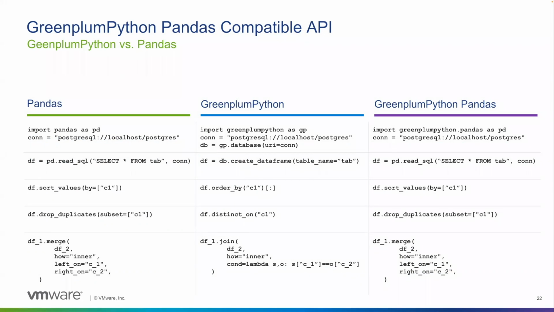This package can be accessed by importing greenplum.python.pandas, and does the same manipulation on the backend as Greenplum Python data frame, and offers the same method names and parameters as Pandas. However, the current number of methods offered by this Pandas compatible package is limited.